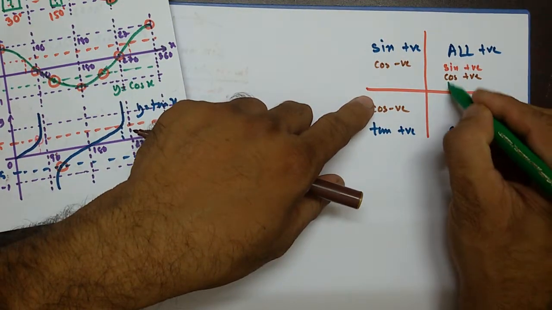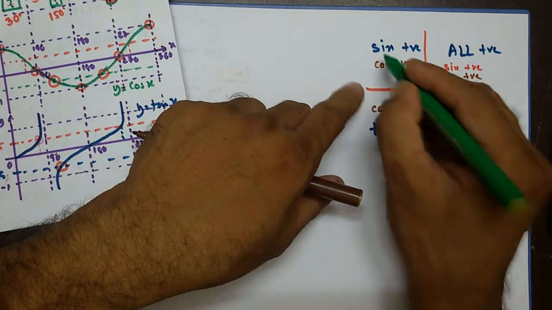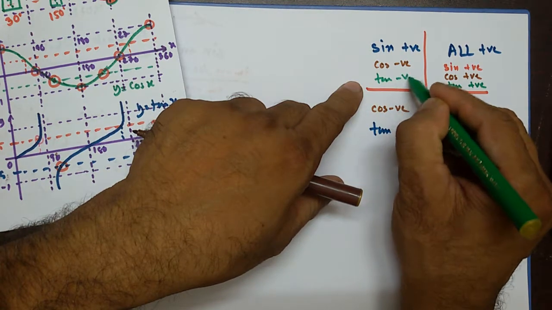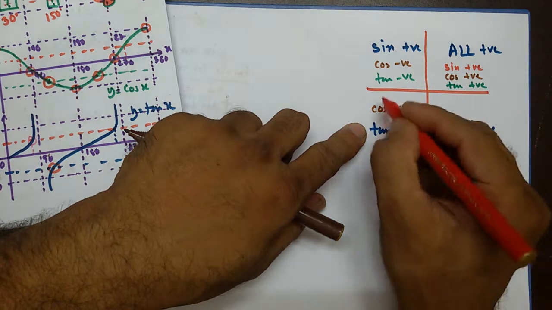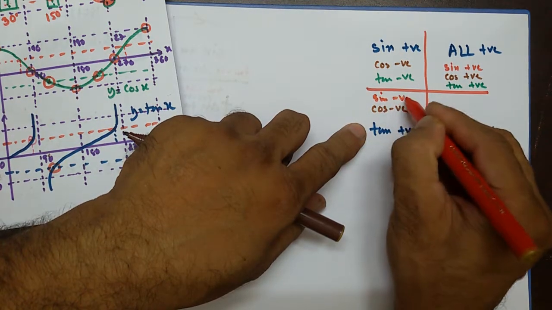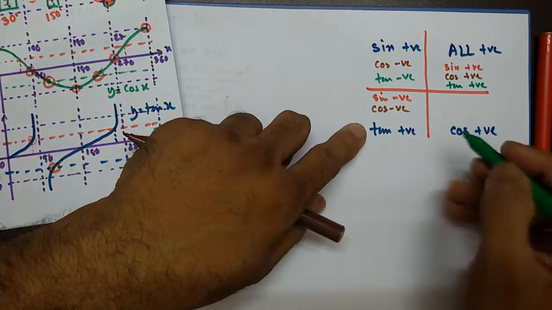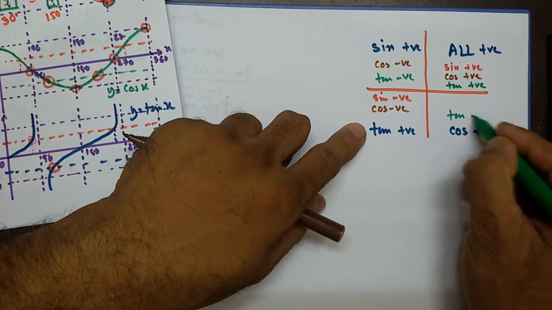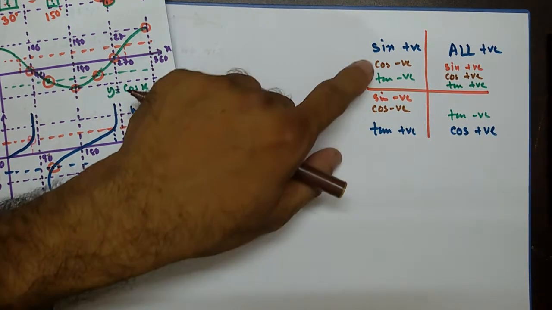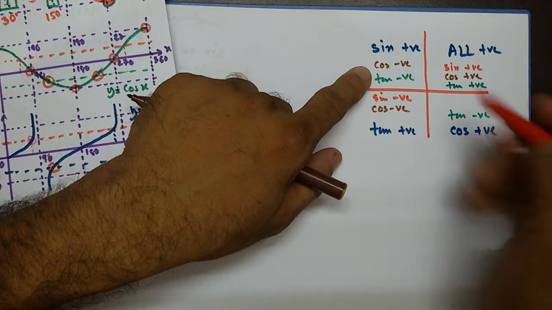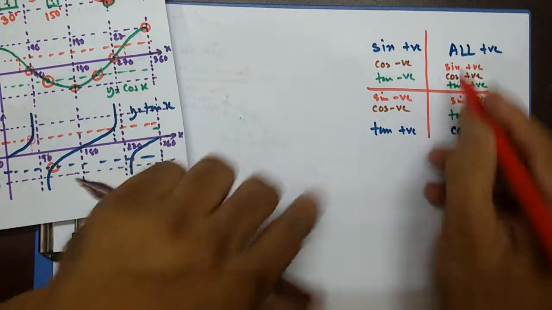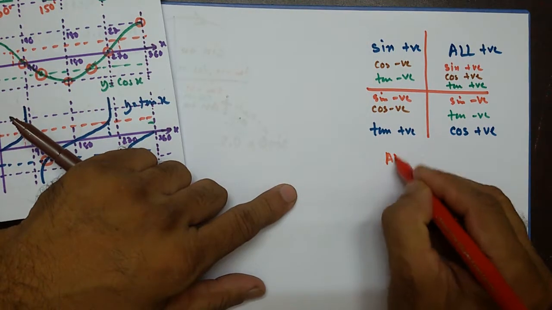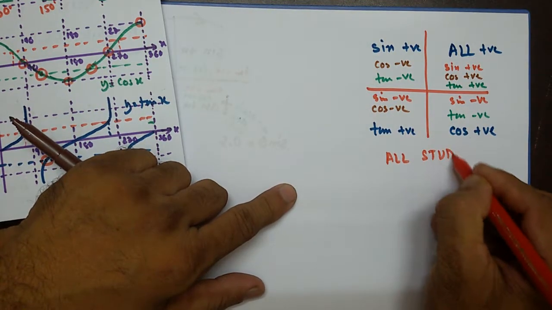And in the first quadrant tan is positive, in the second quadrant tan is negative, tan is positive over here, and sin is negative in the third quadrant, and here in the fourth quadrant tan is negative and sin is negative. Okay, I hope you remember.